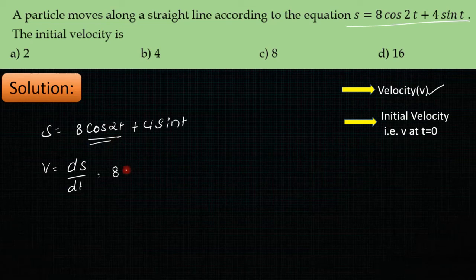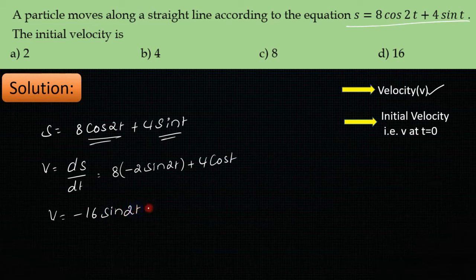Differentiation of cos 2t is −2 sin 2t, plus here 4 is constant. Differentiation of sin t is cos t. Here v = 8 into −2, that is −16 sin 2t + 4 cos t.